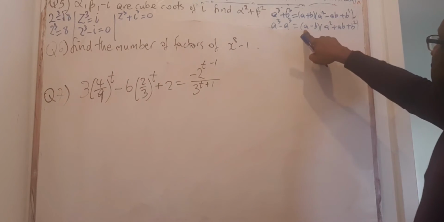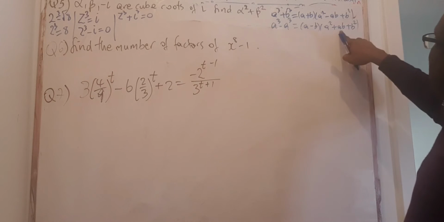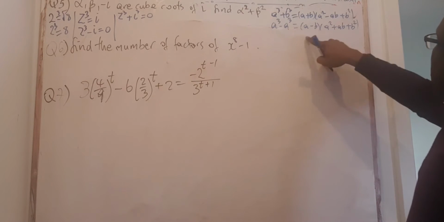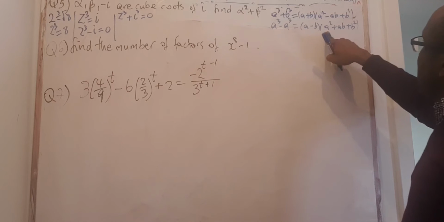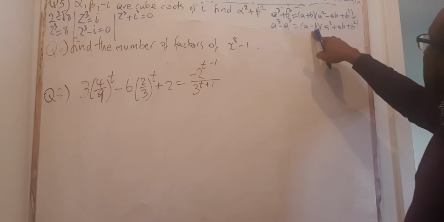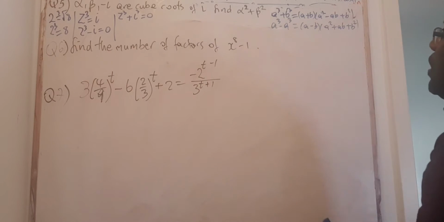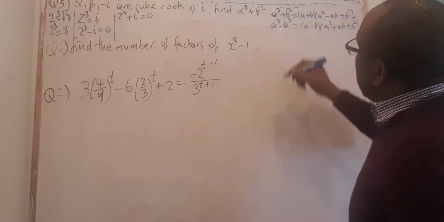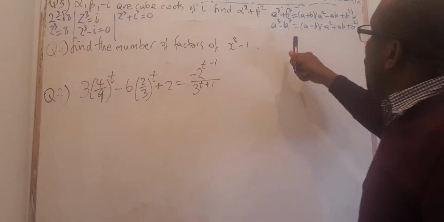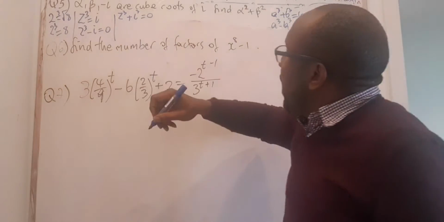If you take this a times this is a cube, a times that is a squared b, a times that is ab squared. If you take this, this is a squared b, cancels away, this cancels away, and then you are left with the last one there. So if that is true, we will use the first one to factorize this.